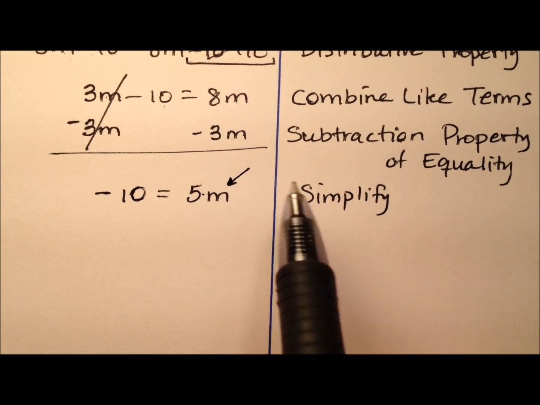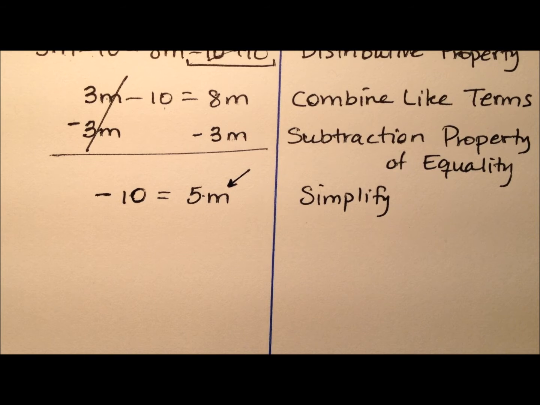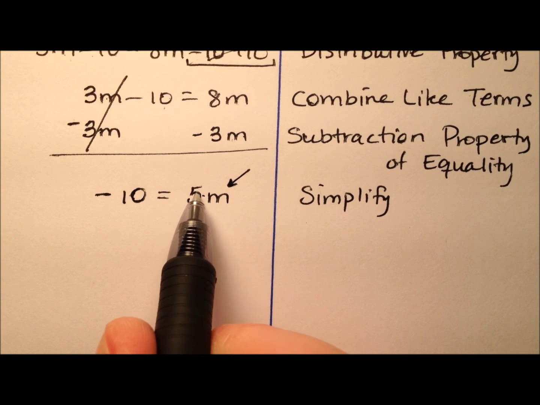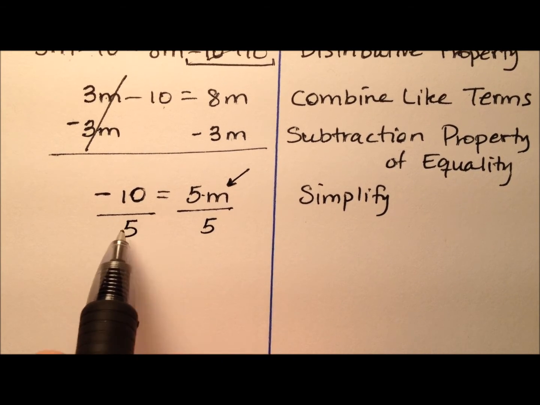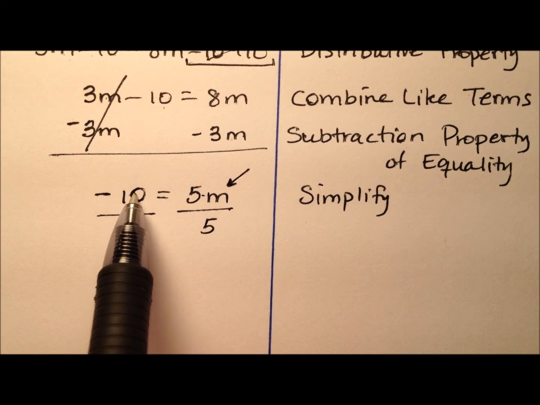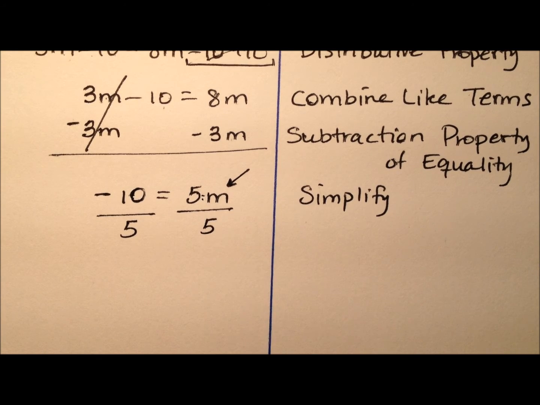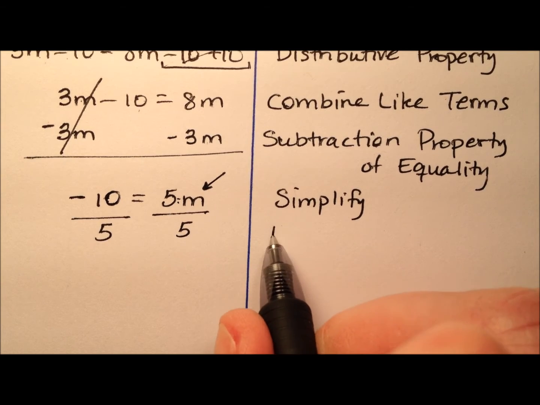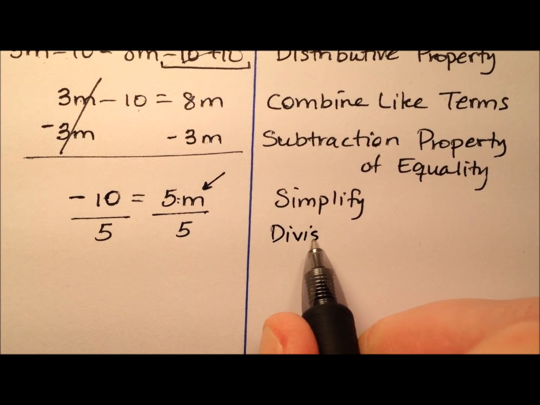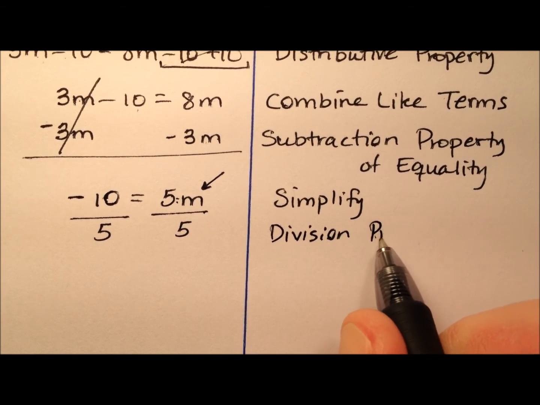But remember, we're trying to get this m all by itself, so we can isolate it on one side so we can say m equals. Okay, so if the 5 is being multiplied, the opposite of multiplication will be division. So let's go ahead and divide both sides of this equation by 5. And the justification that we can give for doing such a step will be the division property of equality.